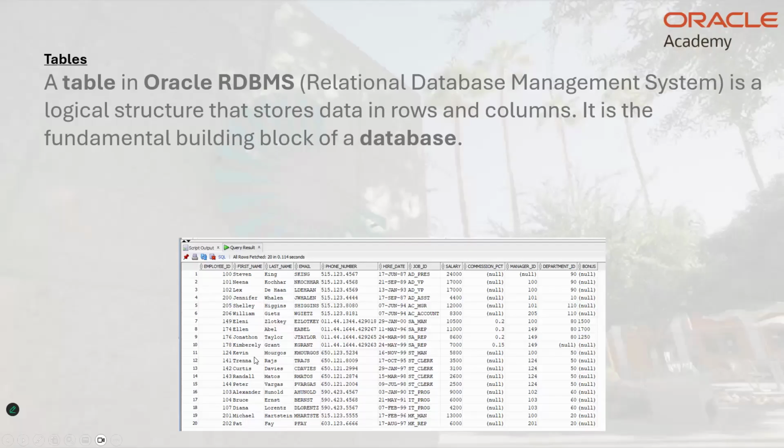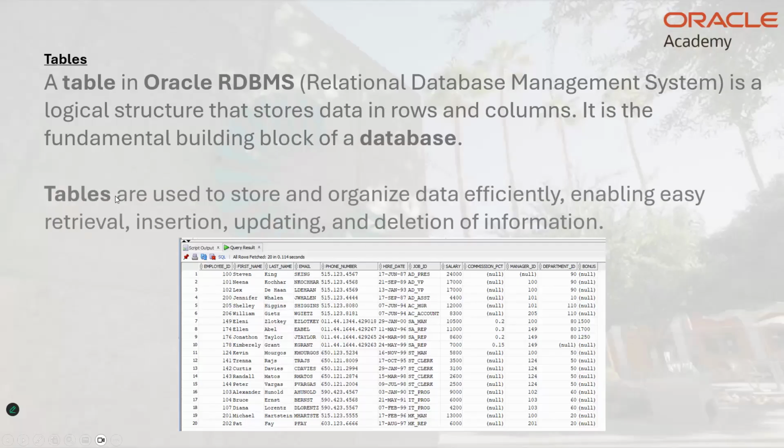And let's see our employees table. We have all the employees with their phone numbers and IDs and hire dates, etc. Basically the table is truly the fundamental block of a relational database. Remember that. Tables are used to store and organize data efficiently.